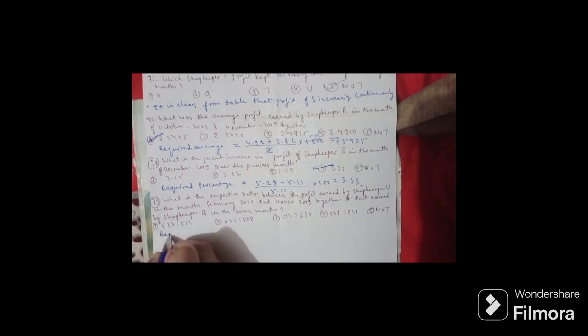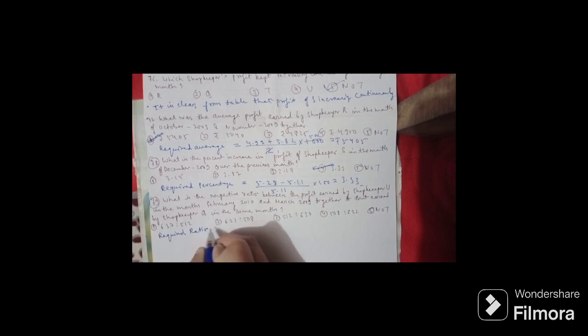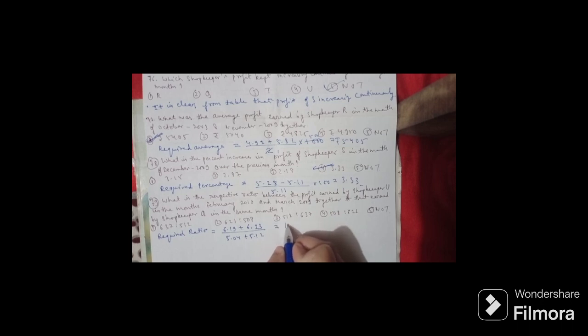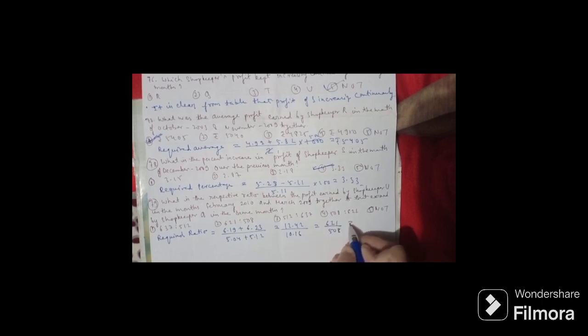Required ratio equals to 6.19 plus 6.23 upon 5.04 plus 5.12 equals to 12.42 upon 10.16 equals to 621 upon 508. 621 ratio 508.